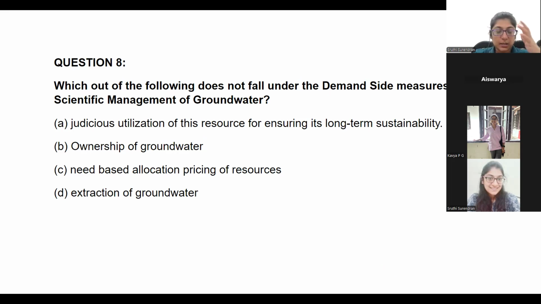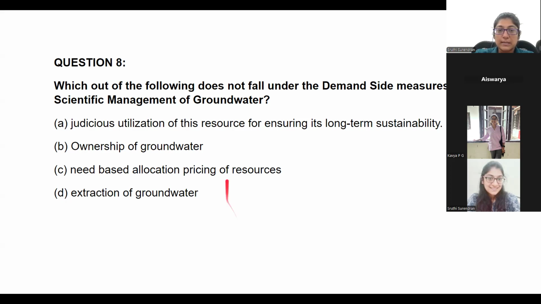Okay, so once again, to brush up, supply side measures involve those management strategies that increase the extraction of groundwater, making more groundwater available. Whereas demand side is curbing the usage of groundwater in order to preserve, protect, control, and whatever restrictions are assigned as a part of preserving groundwater.